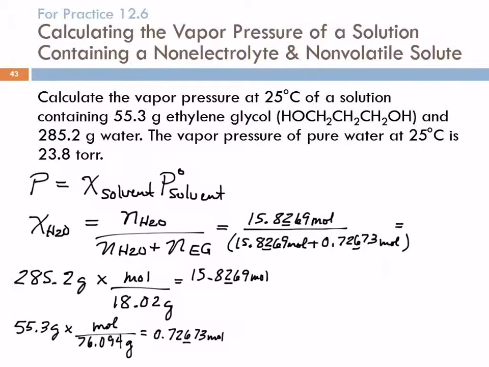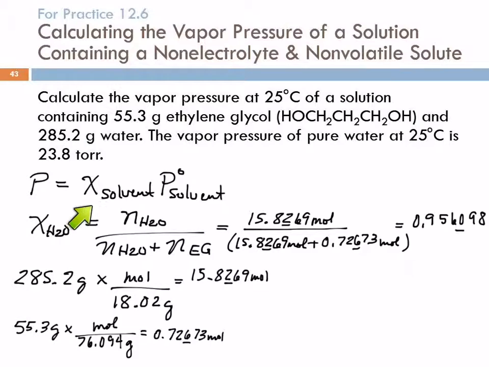The denominator, we're still going to have four sig figs, so we don't need to worry about that. So we have 15.8269 divided by the quantity 15.8269 plus 0.72673. We get a mole fraction of 0.956098, and that has no units.